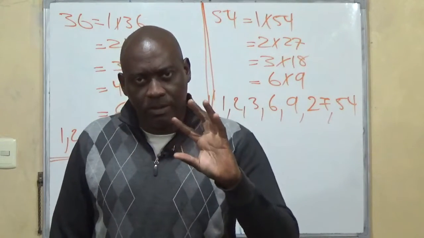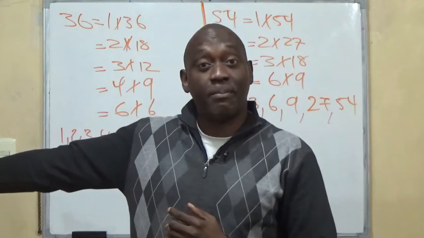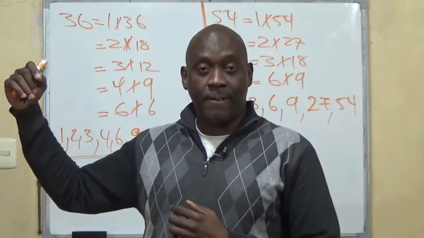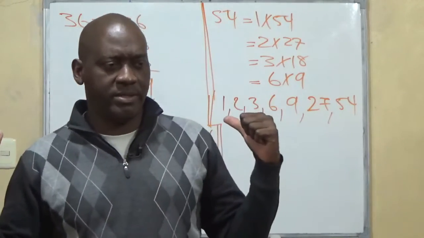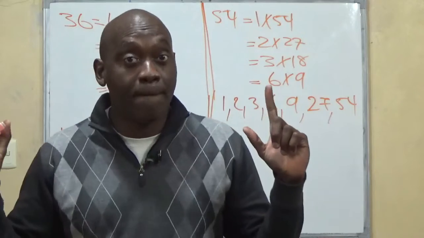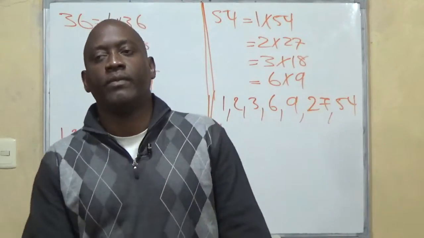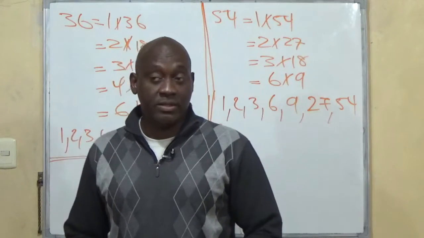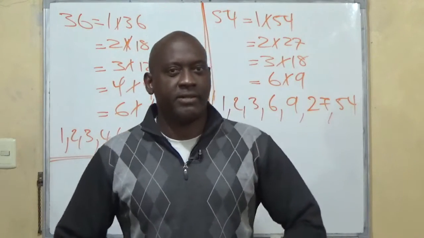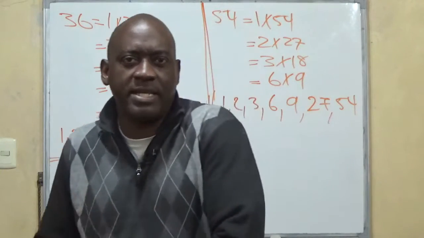We're going to take the process a little further now. Having just discussed what a prime number is, we're going to now break down both of these numbers into their prime factors. Now, let me talk a little bit about the use of the word factorize. We know what a factor is.